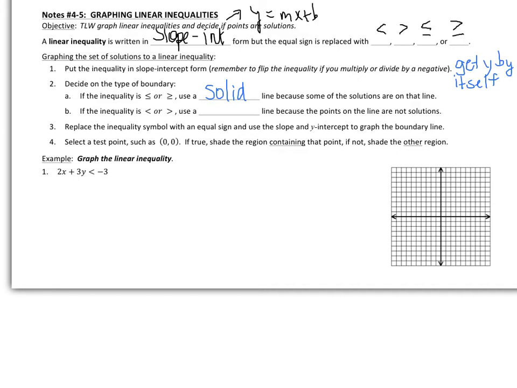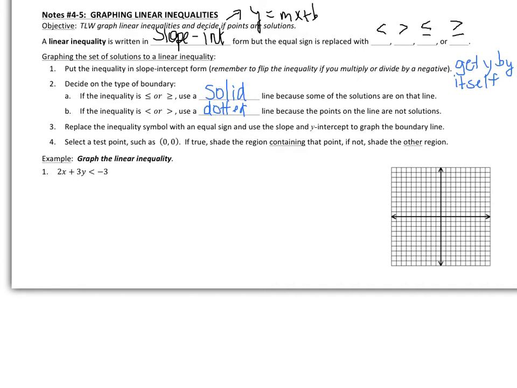There are other solutions that will be either below or above that line, but some of them can be on that line. If the inequality is a less than or greater than, it's not going to be equal to, so we're going to use a dotted line because the points that are on that line are not solutions.